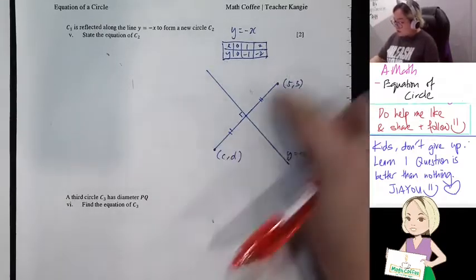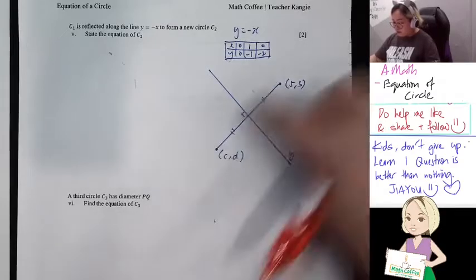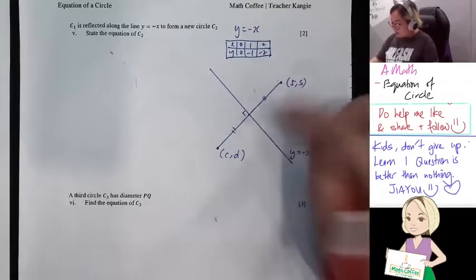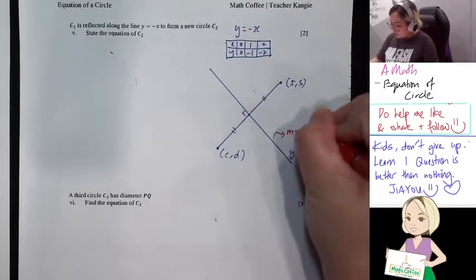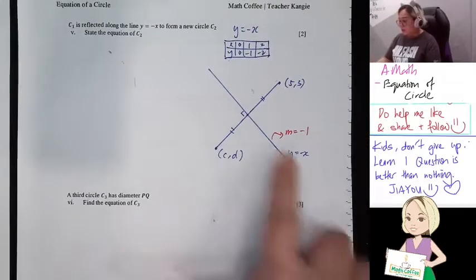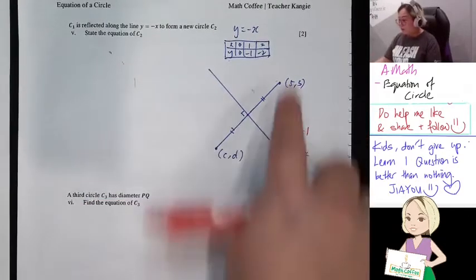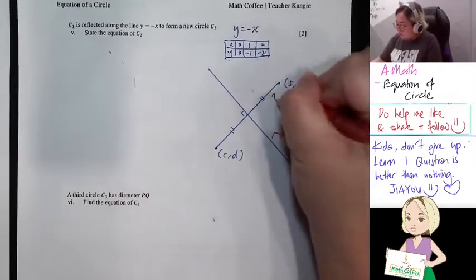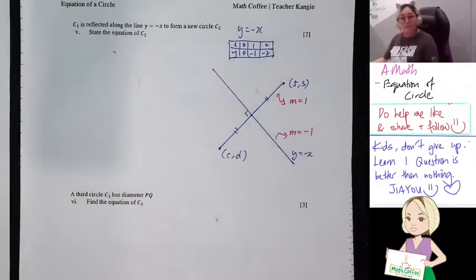So I actually need to find the equation of this line first. So let's find this gradient. m equals -1, agree? Because y equals minus x. So if this is gradient -1, and this is perpendicular, this line, the gradient will be 1.